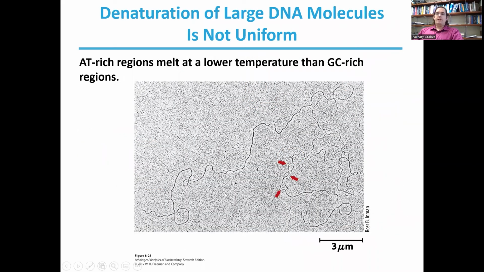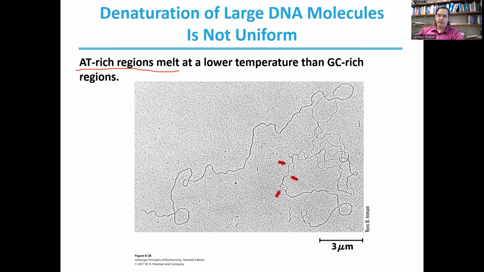Now remember, for our DNA molecules, our denaturation doesn't have to be fully denatured or fully folded, right? So we can actually have partially denatured structures, or we might denature in some areas of our long DNA strand, but not in others. And so if we take a large DNA sequence, what we'll see is that any AT-rich regions, adenine and thymine-rich regions, will melt at a lower temperature than our guanine-cytosine regions.